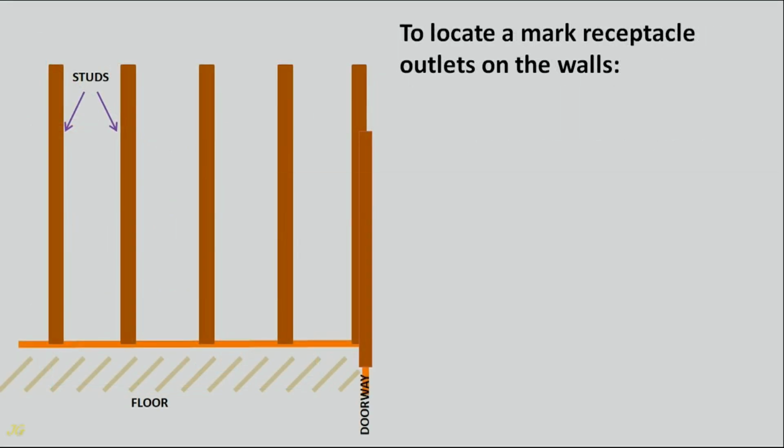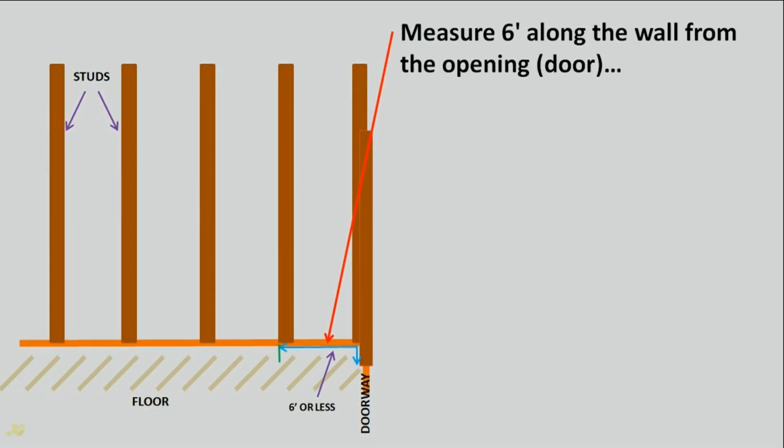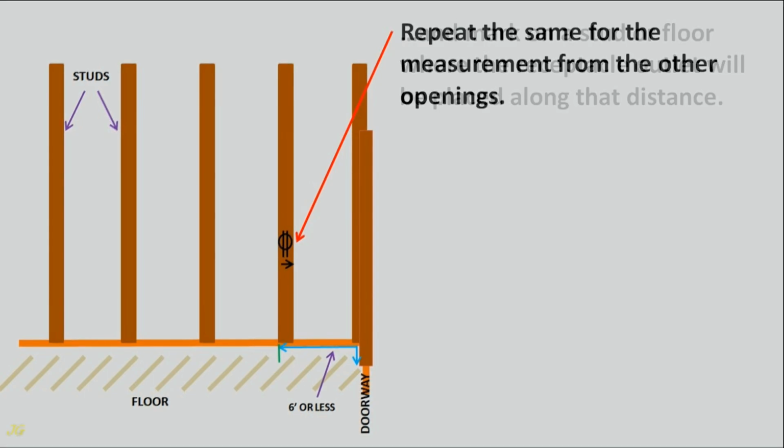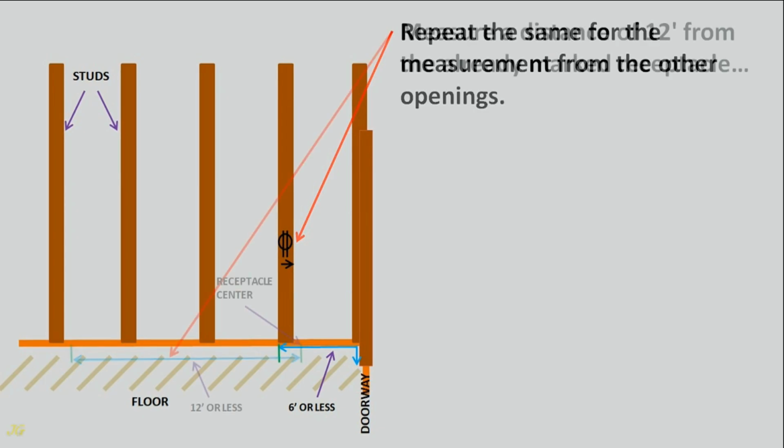To locate and mark receptacle outlets on the walls, measure 6 feet along the wall from the opening, door, and mark on a stud or floor where the receptacle outlet will be placed along that distance. Repeat the same for the measurement from the other openings.